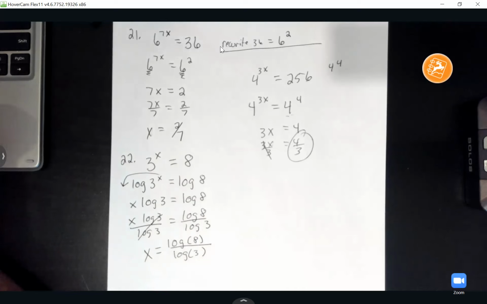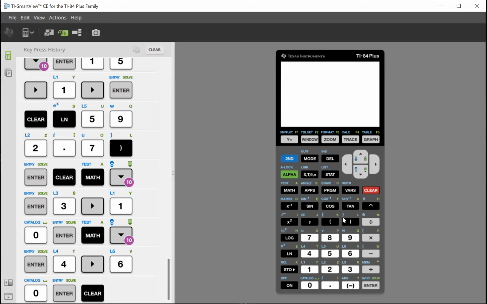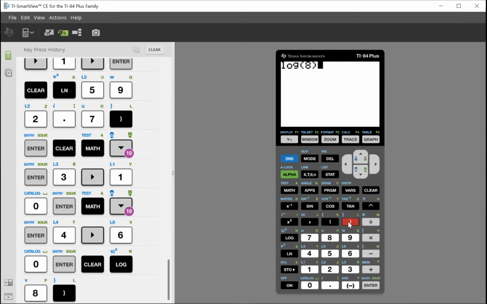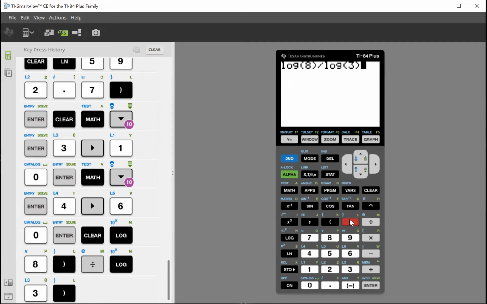I have a question. What if you put ln for the log? Will it count it wrong? Let me show you something on my calculator. If I do log 8 on top, close parentheses, and divide by log 3 on the bottom, close parentheses, watch what I get.